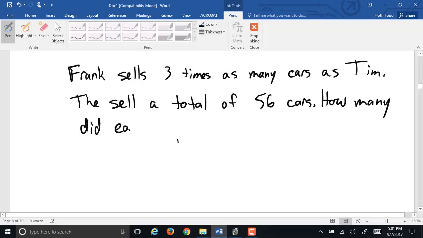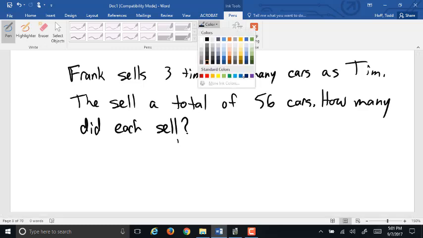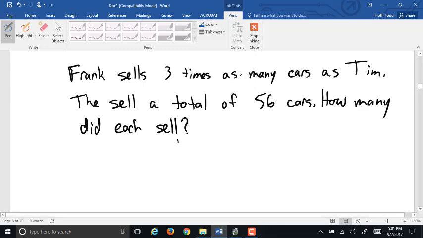How many did each sell? So we have a total here. These problems are usually, if we don't have a set formula, problems come in one of 3 kind of standard things.